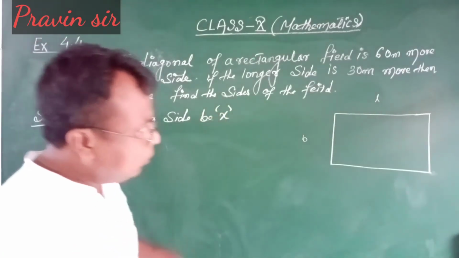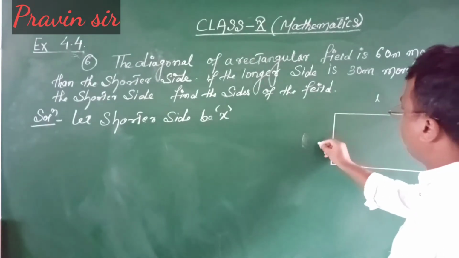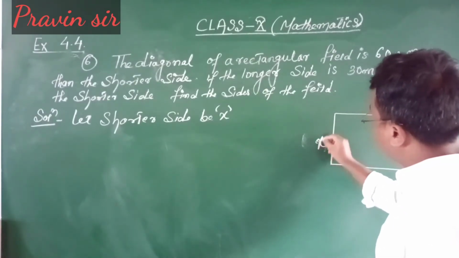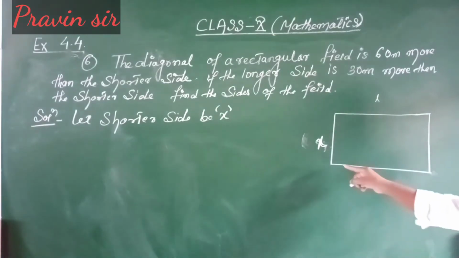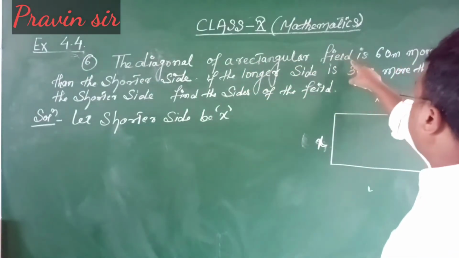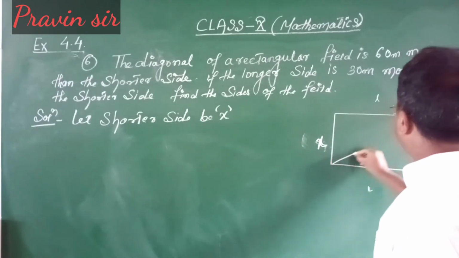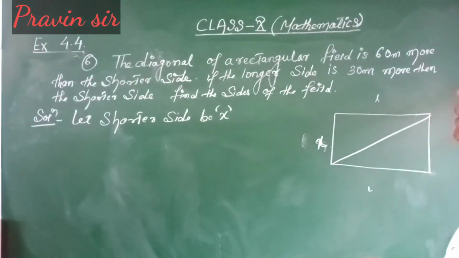Okay. So now in this figure, let us suppose breadth is the shorter side. And this length is the longest side we have. Now the question is given: the diagonal of a rectangular field is 60 meter more than the shorter side. This is the diagonal. So what is the dimension of the diagonal? The diagonal is 60 meter more than the shorter side.